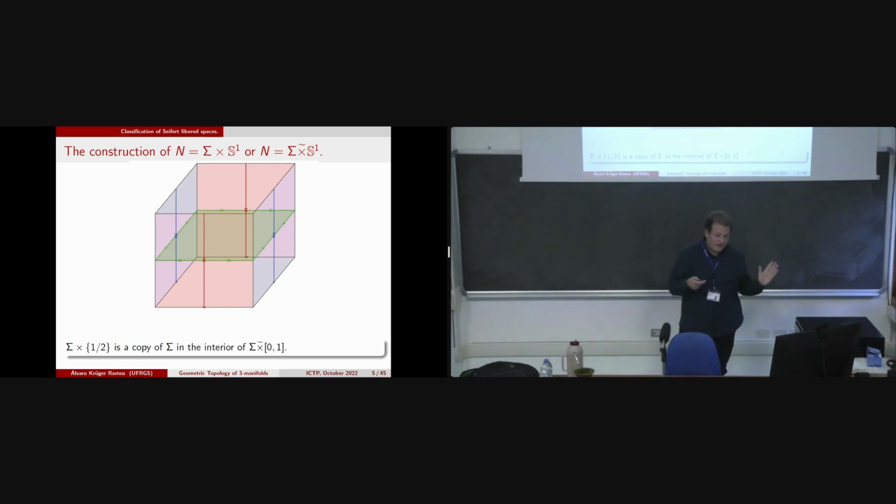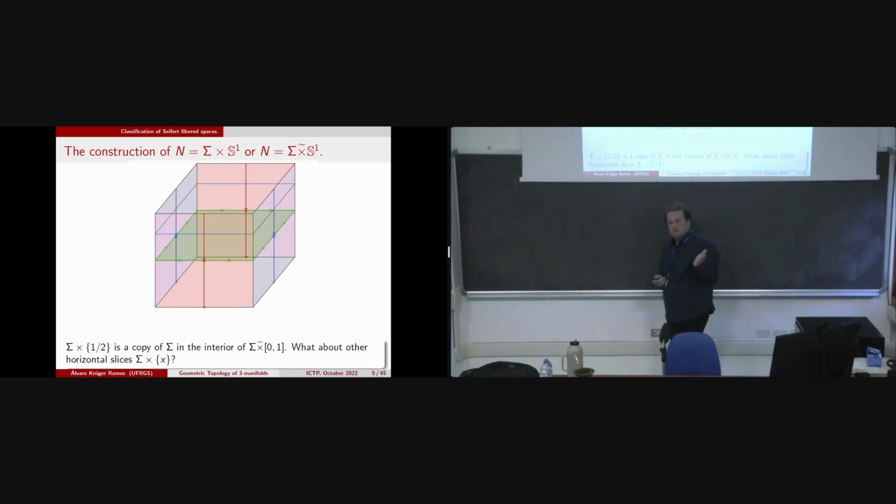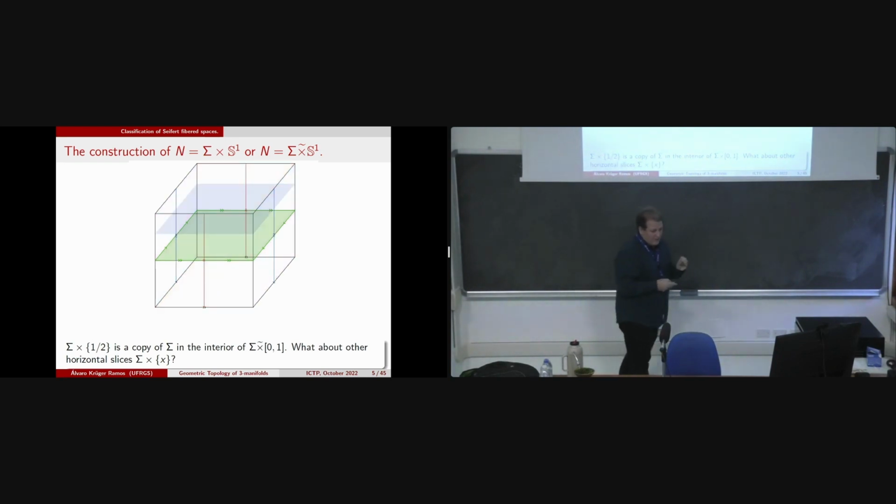Okay, so let's look at the other slices. Let's see what happens with these other slices. I just simplified the picture here to make it easier to look at. What happens to this slice where x is larger than 1/2?